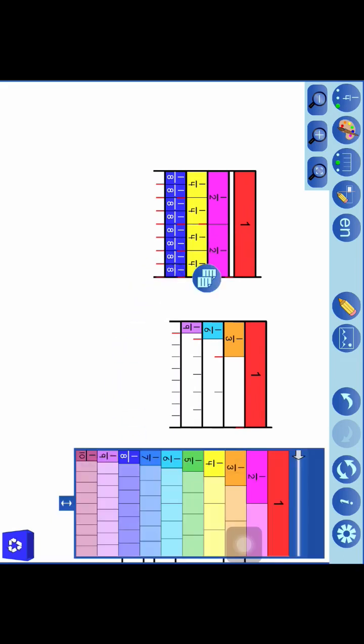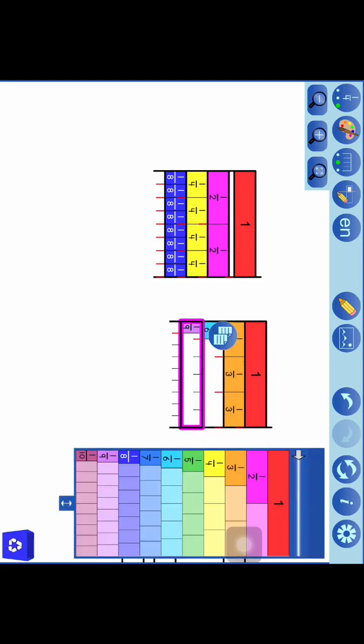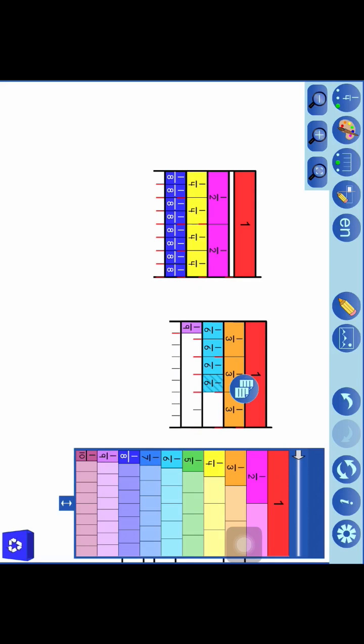So as you can see, the more parts we split into, the smaller the value of each part. If we split 1 into 3 parts, each part represents 1 over 3. If we split 1 into 6 parts, each part represents 1 over 6.